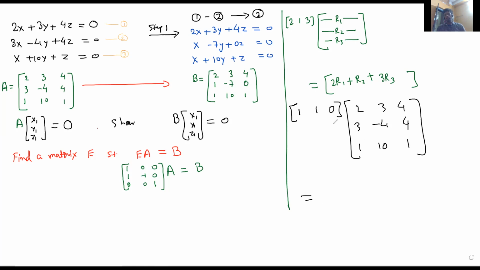You will agree that you'll get the same thing. When you multiply this with this, you're taking 1 times this, 1 times this, and 0 times this. When you multiply this with this, you do the same thing, so why not do it together? I'll do 1 times the first row and 1 times the second row, and 0 times the third row, and add.